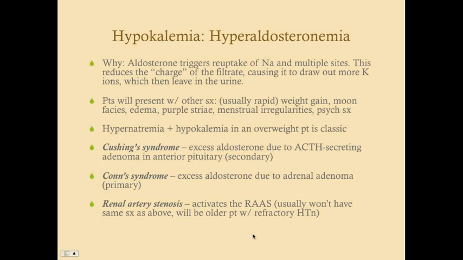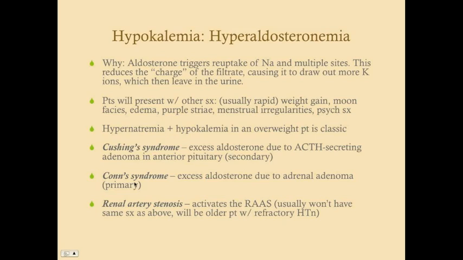And so the way to tease this out is that these are going to be older patients with hypertension that's refractory. You're using ACE inhibitors, you're using angiotensin receptor blockers, and it's not effective. The best way to think about this is that Cushing's and Conn's are usually going to be in younger patients without the risk factors for renal artery stenosis.